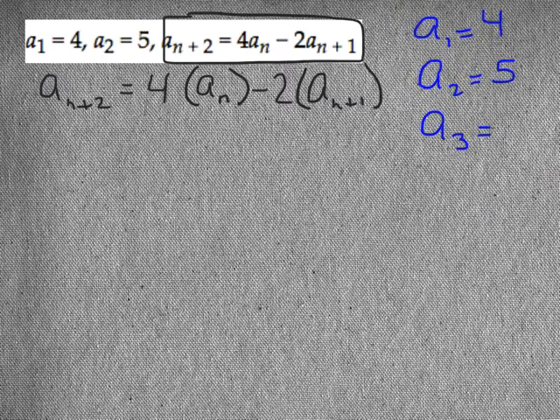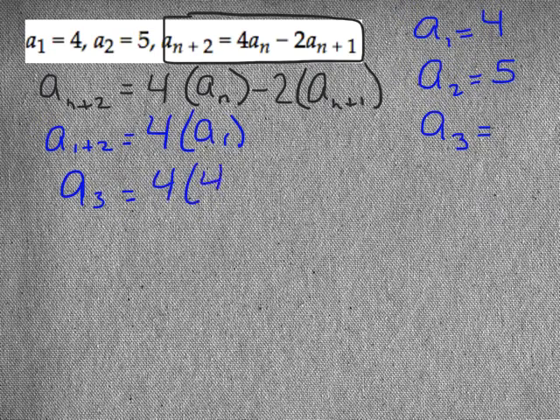So a sub 1 plus 2 will give me the a sub 3 that I'm looking for. 4 times a sub 1, which is 4, minus 2 times a sub n plus 1, which is a sub 1 plus 1. Well, a sub 1 plus 1 is a sub 2, which is 5. Now I do the math. When I multiply this, I get 16 minus 10, so a sub 3 ends up being 6.